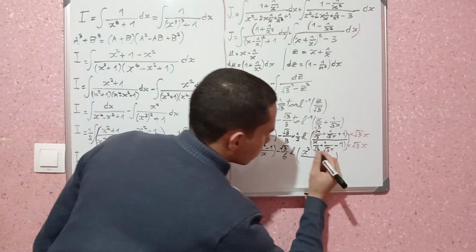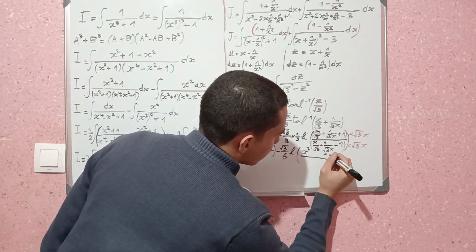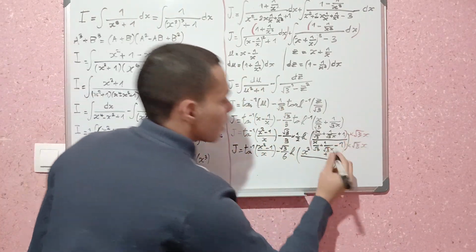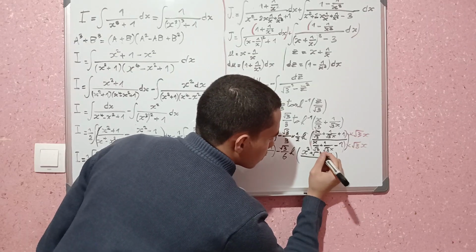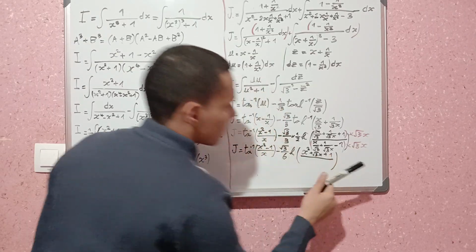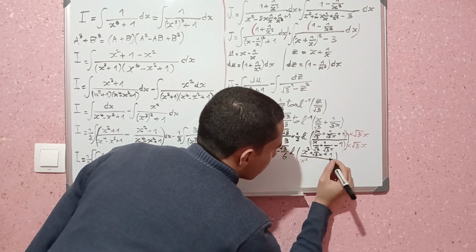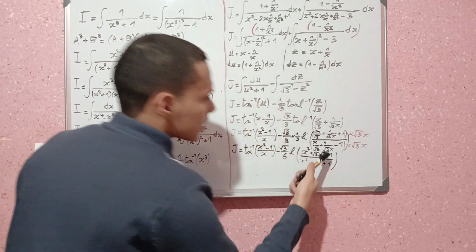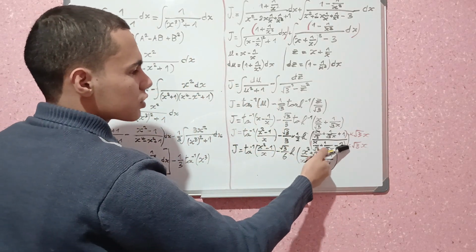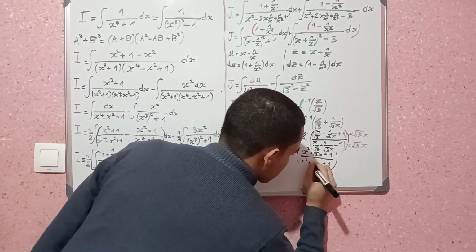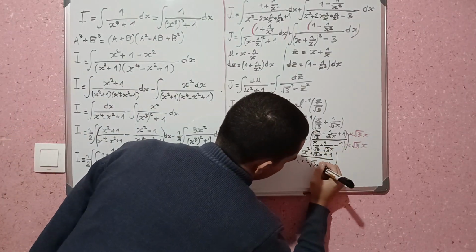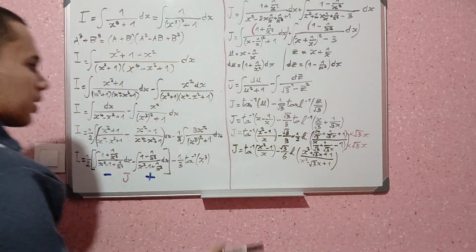Same for this part, it will be plus 1, and plus 1 multiplied by that is just plus square root of 3x. Same with this, x squared, here plus 1, but this time we have a minus 1 multiplied by that, so it's minus square root of 3x, like that.